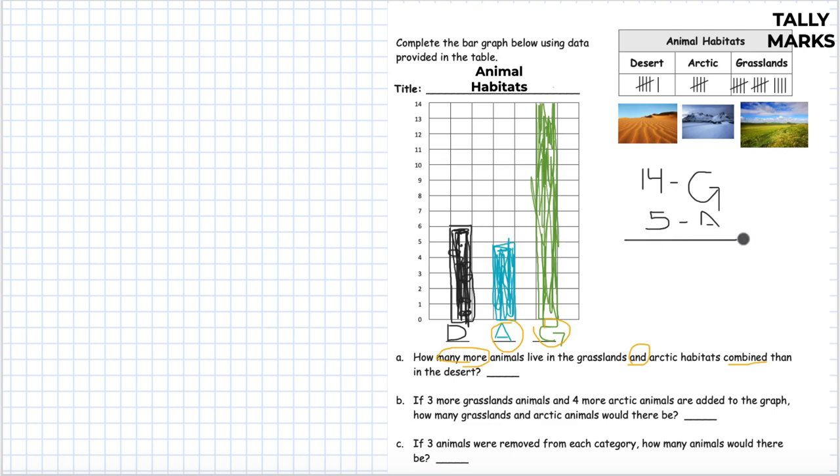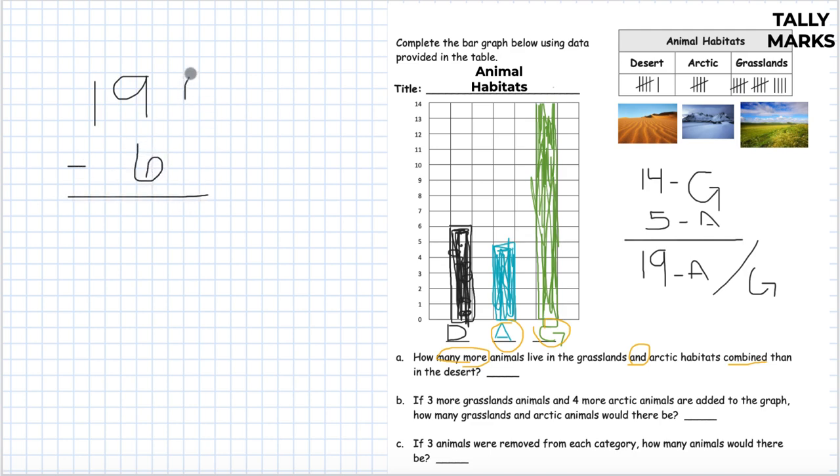So I'm going to go ahead and add them together, and that gives me 19, which is the Arctic and the grassland. But I also know that there are 6 animals that live in the desert. So my second step is to take 19, and I'm going to subtract 6.